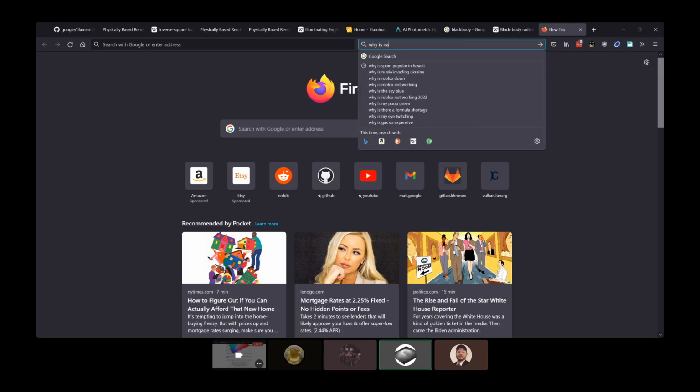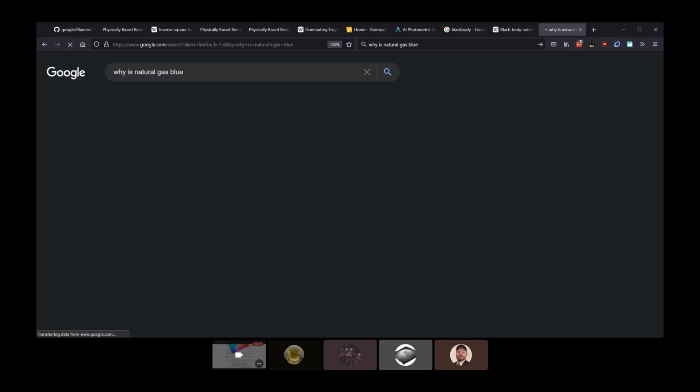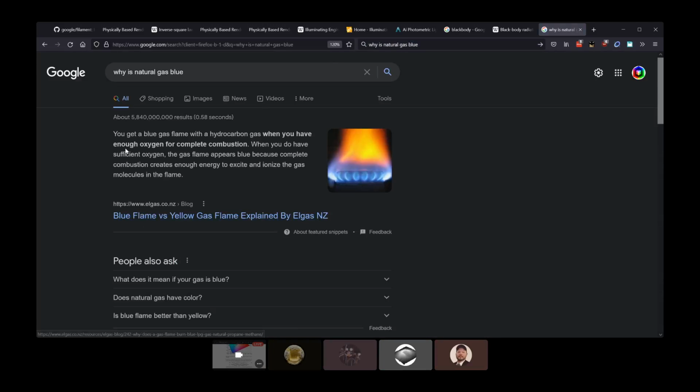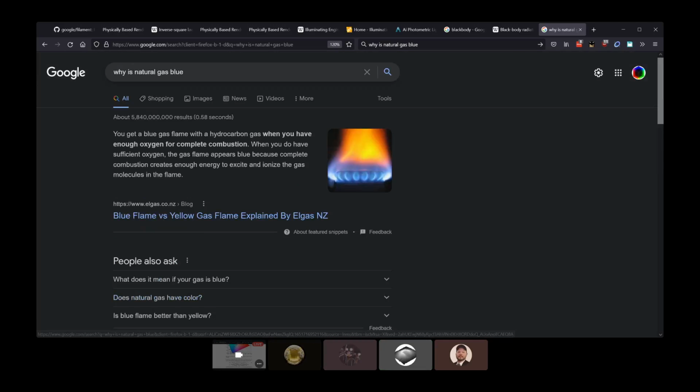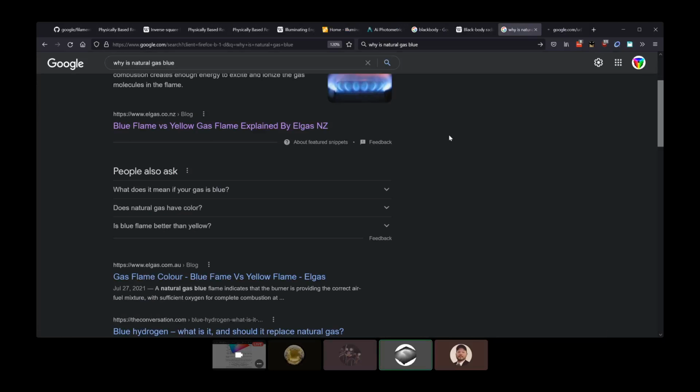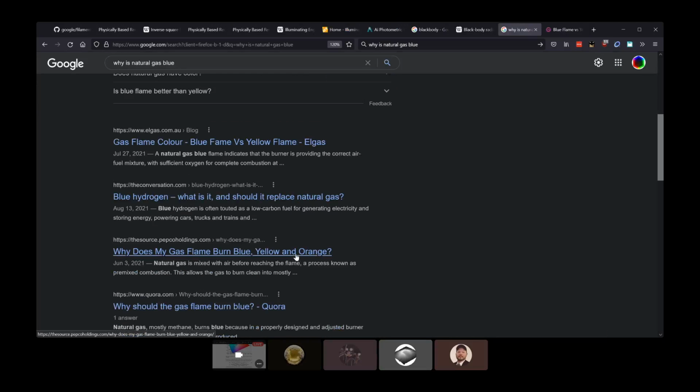Why is natural gas blue? Complete combustion is going to produce more heat and ionize the gas molecules in the flame. Yeah, ionization. It's also going to produce more heat, so it's going to be more blue, definitely.